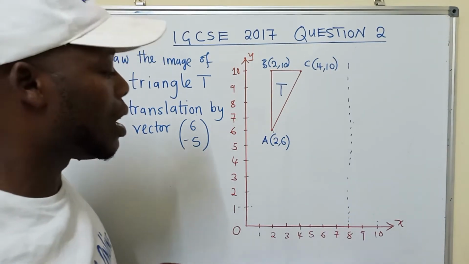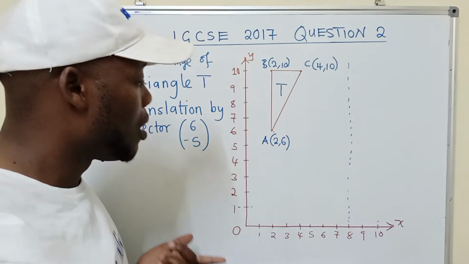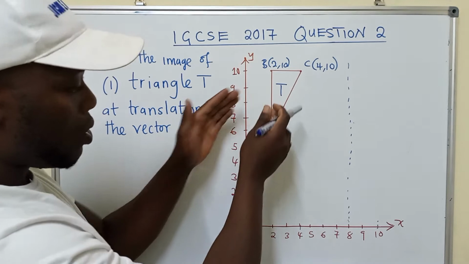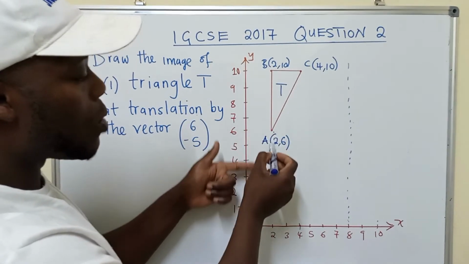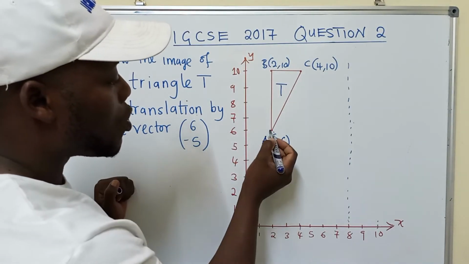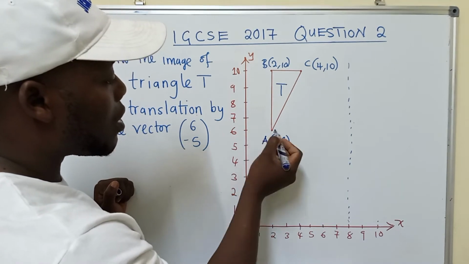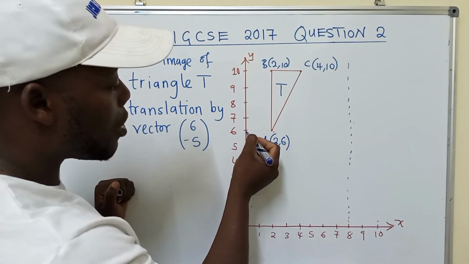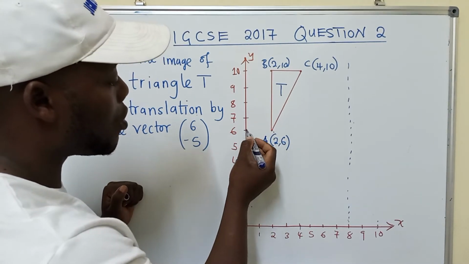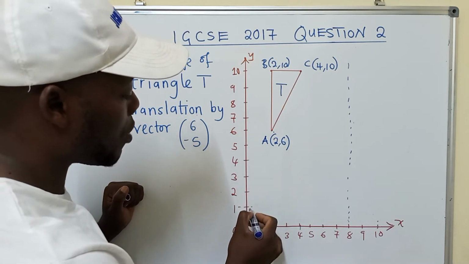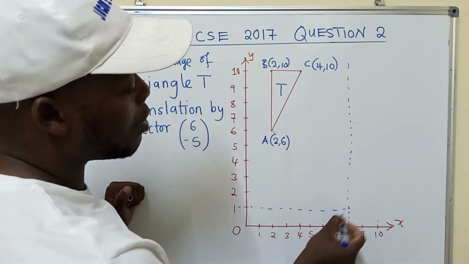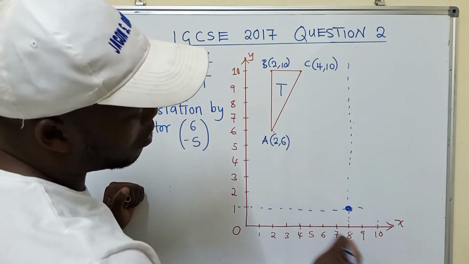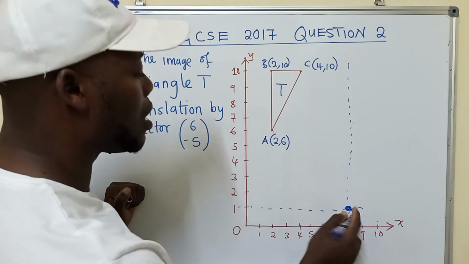We now check along the y-axis where this point will be. Along the y-axis it's negative 5. So from where this is, we shall move 5 steps downwards. 0, 1, 2, 3, 4, 5. So this is where the point will be, the intersection of this and this. It's where our A will be.